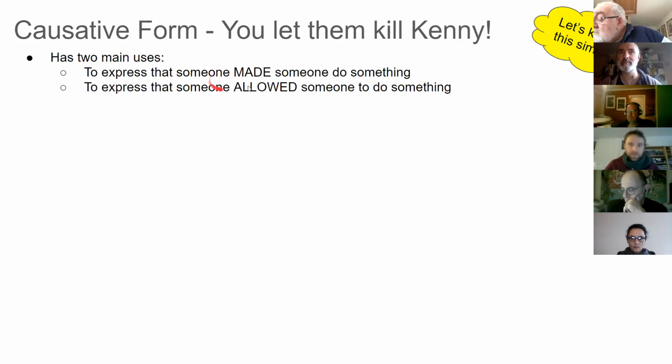So it's either making somebody do something, or forcing, or allowing somebody. The grammatical conjugation is exactly the same. There is no difference. If you write the sentence out in its skeletal structure, it means both to make somebody do something and to let somebody do something. There's no difference.